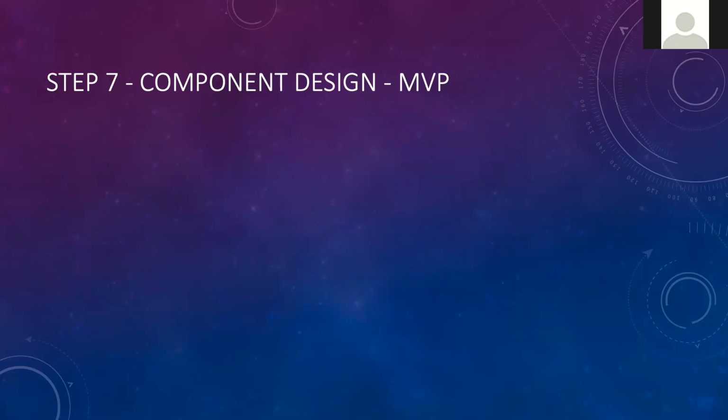Now we move to step 7. This is probably the most critical section in terms of your design because this is exactly where you are designing the MVP. So in other words, you're solving the problem that needs to be solved, where you're presenting a solution to the real problem the application needs to solve.